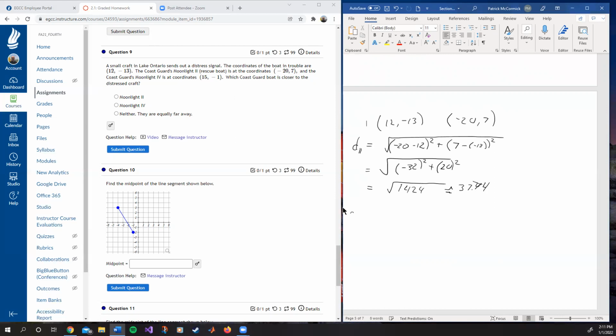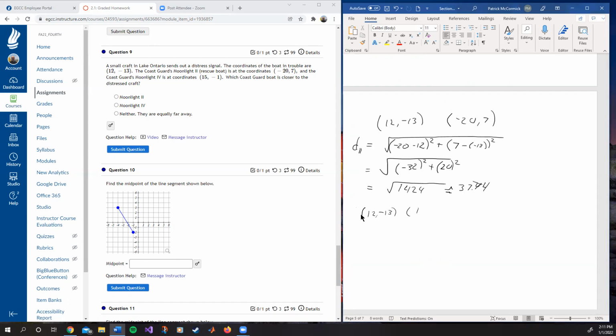All right. So my other distance between, yeah, there we go. Okay, sorry about that. So my other 2 points are the 12, negative 13.